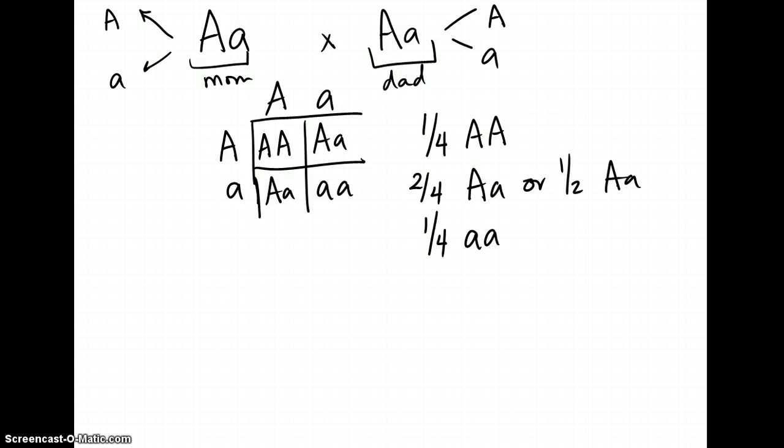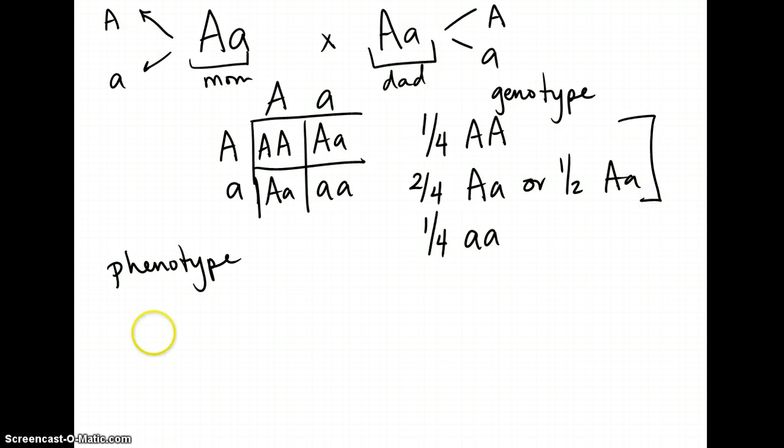Now, how does that look in terms of phenotype? So remember, this is the genotype. And for phenotype, that means that these are all dominant traits. So we have a 3 out of 4 chance of showing the dominant trait and a 1 out of 4 chance of having the recessive trait.